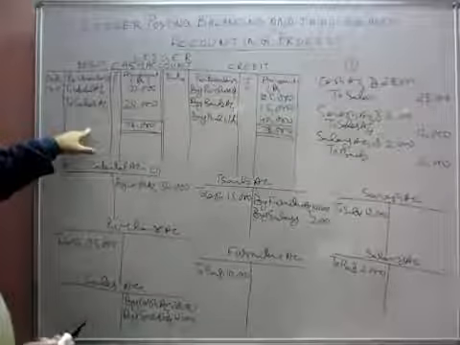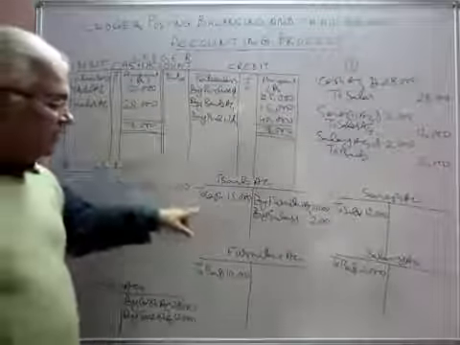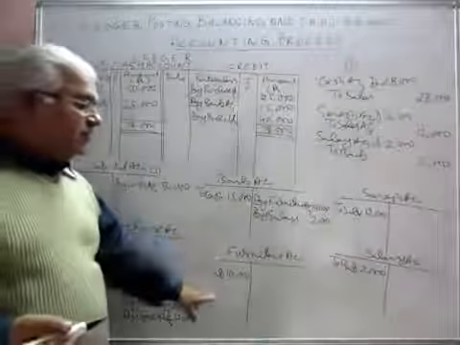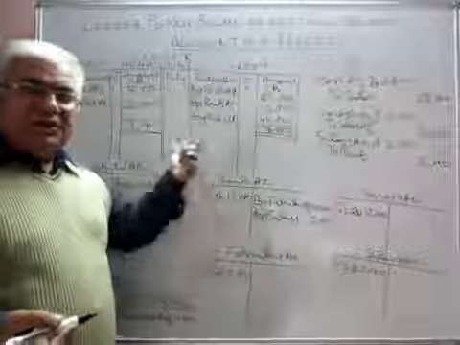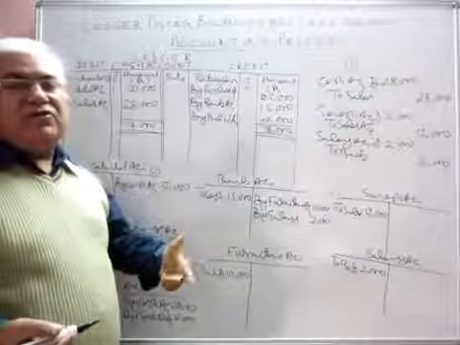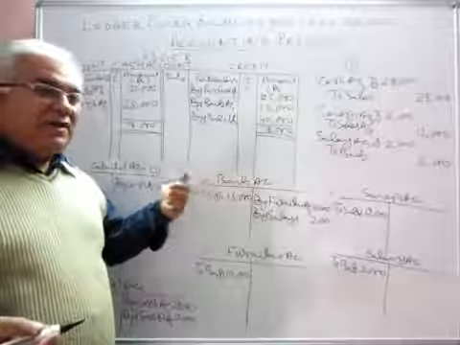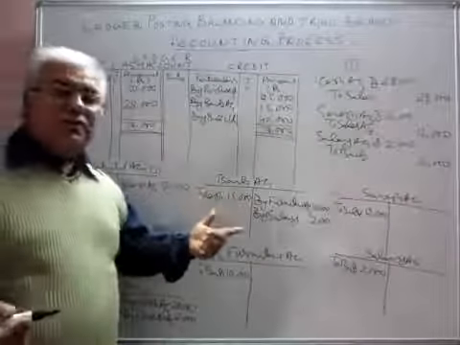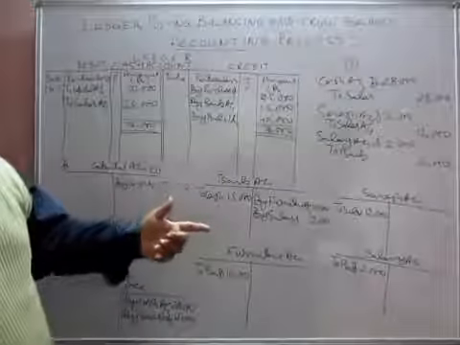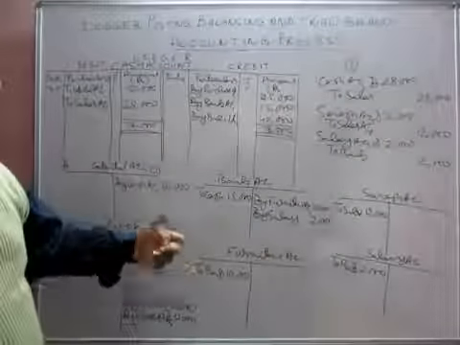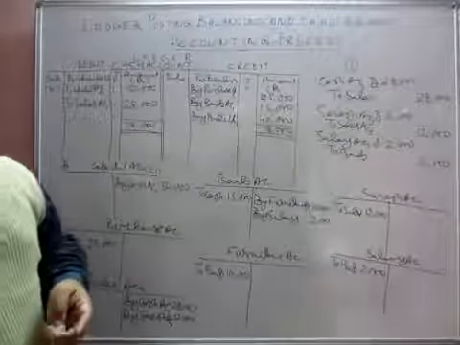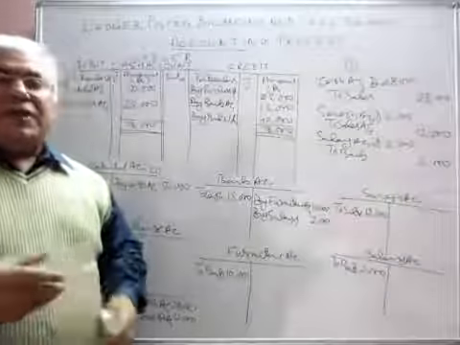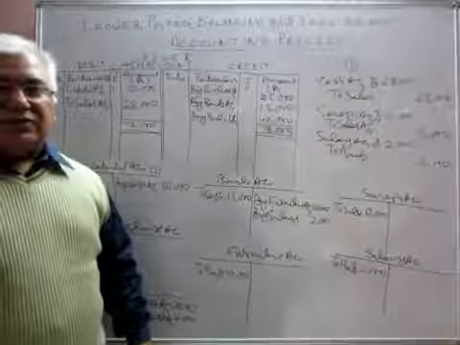Cash account will be carried forward to the next year. Bank account will be carried forward to the next year. Furniture account will be carried forward. These being the real accounts. Real and personal accounts will be carried forward, and if there are two sides, we'll balance them. Okay. But all those accounts which are of nominal nature, like salary account, sales account, purchase account, they are normally closed to our trading account or profit and loss account.